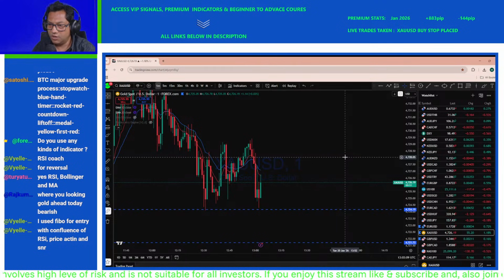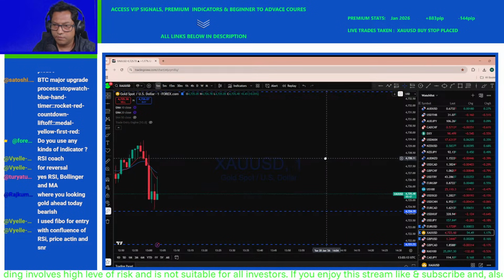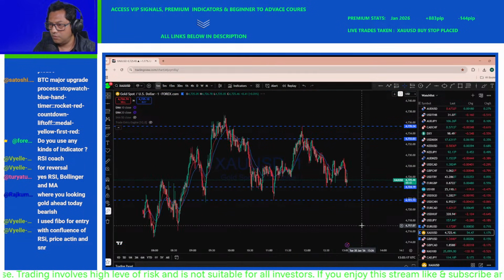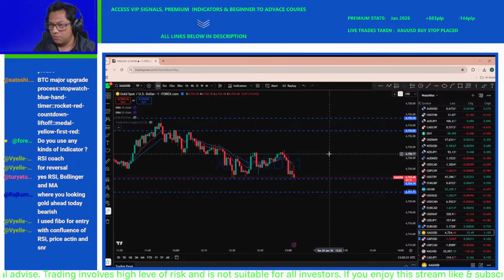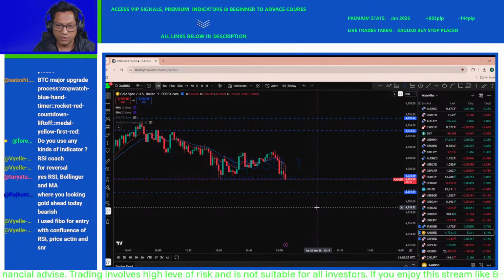Okay, the market tested the lower shadow, and there is the possibility here for a short-term downside that we can see.